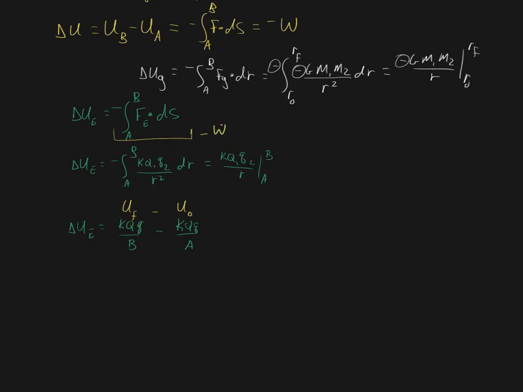All I'm really trying to call to your attention is we're bringing it back to our original relationship between work and change in potential energy, and that was that delta U is equal to the negative of the work done. We're just representing it with different variables.